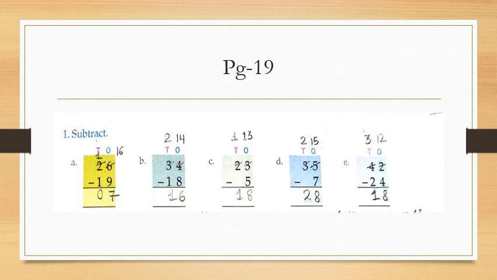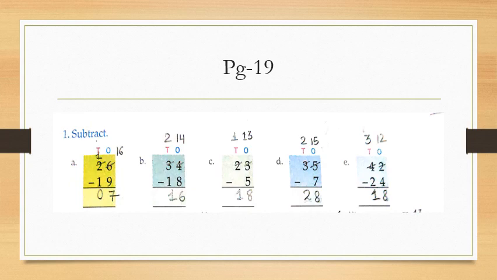Now look at the next part children. Here you have to subtract 18 from 34. So we start subtracting the ones. Okay, here children, you will see that we can't subtract 8 from 4. So we borrow one value from tens.